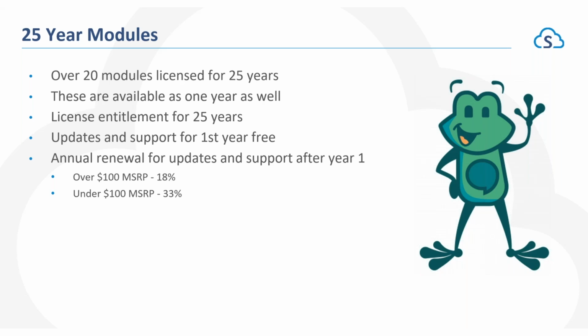And the pricing of that is actually quite simple. So we have it in 2 parts. If the cost of a module is over $100 MSRP, then the cost for renewal is 18% of that cost. If the module is under $100, then it's 33% of the original cost to purchase the module.